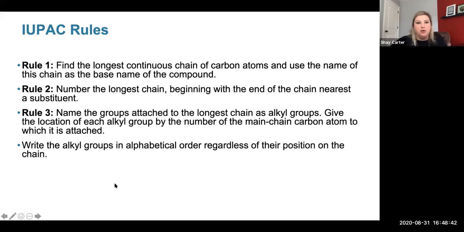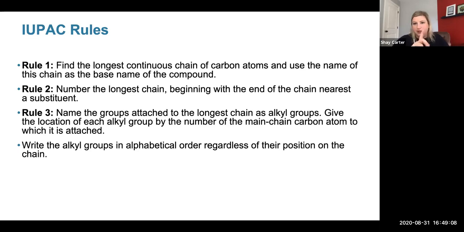So here are IUPAC rules, and this is something kind of like unit conversion factors were in general chemistry, where we're going to start simple and go through the process, and you'll learn the process, and then throughout this semester and next semester, we will build onto this process with our different functional groups and different things, okay? So let's talk about these rules.